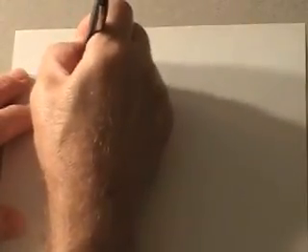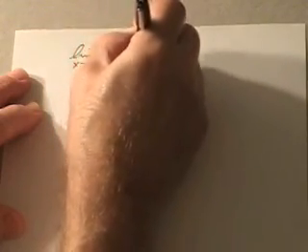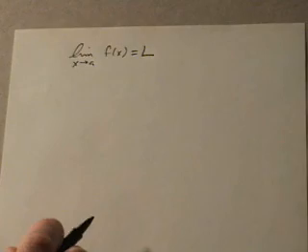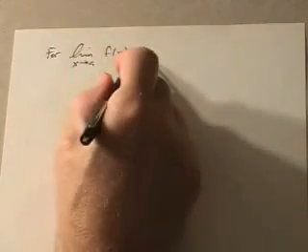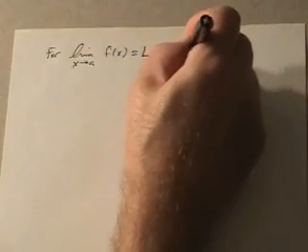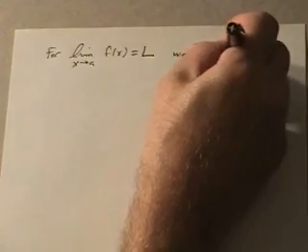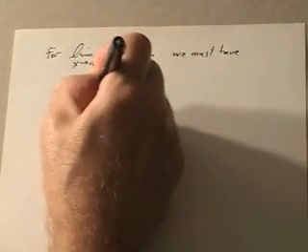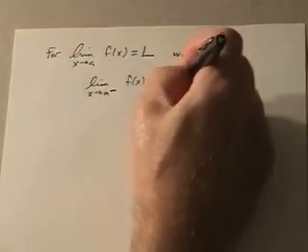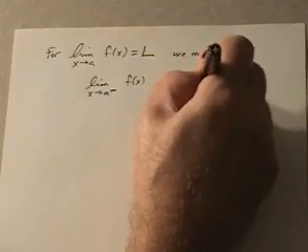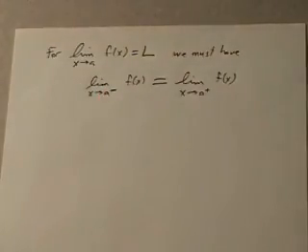So, the limit as x approaches a of f of x equal to L. For that limit to exist, for L to be a real number, for this to be true, we must have the limit as x approaches a from the left, from the minus side of f of x, and the limit as x approaches a from the right of f of x. Those two have to be the same. If they're not, then the limit does not exist.